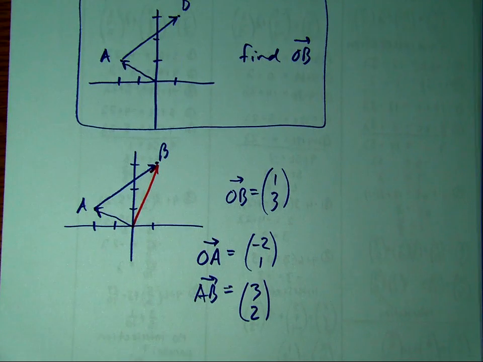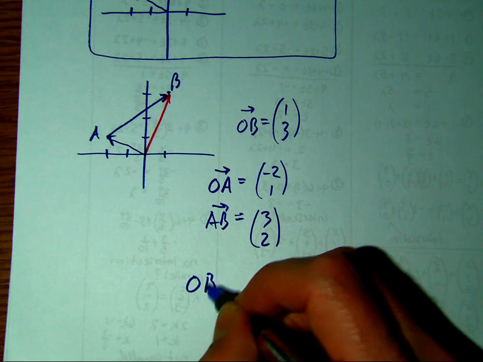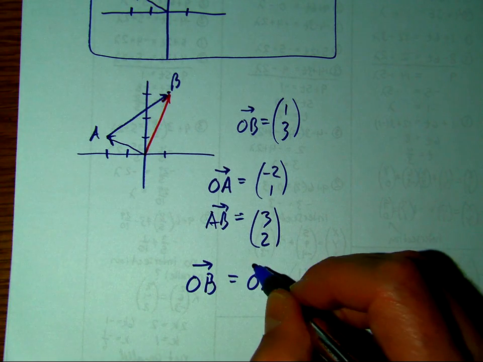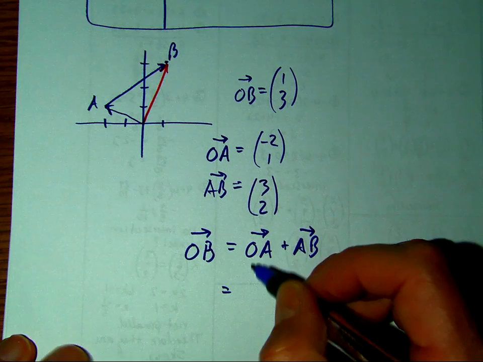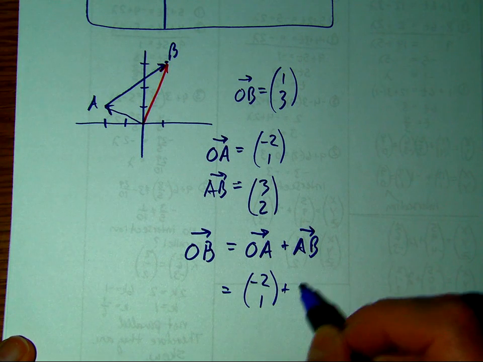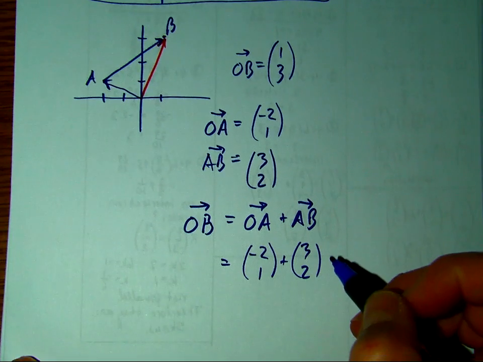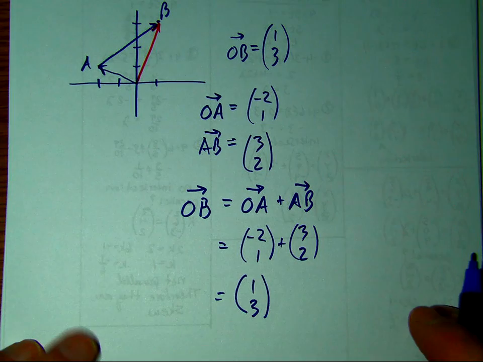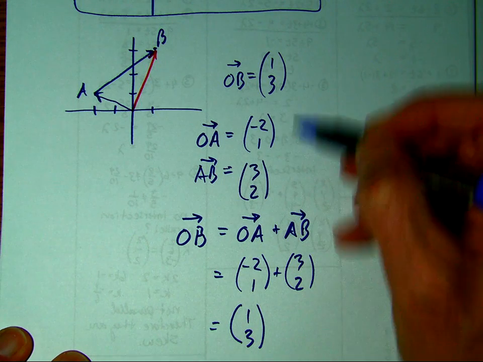So then we could say that to get from O to B, we'll do OA plus AB. From O to A, we have that vector. From A to B, we have that. And that sum is 1, 3. So we get the same answer by doing addition that we did by looking at the graph.